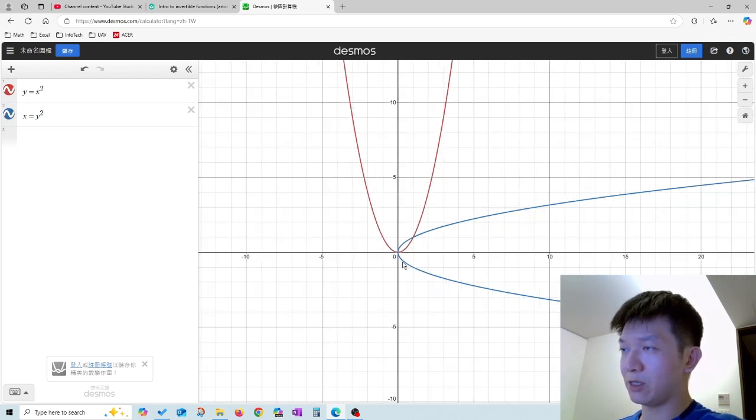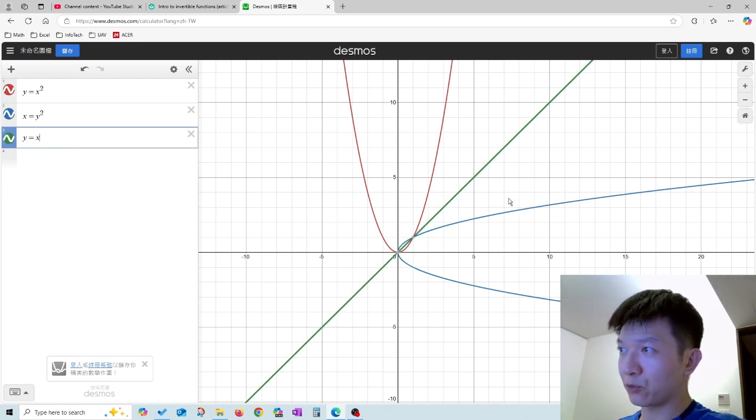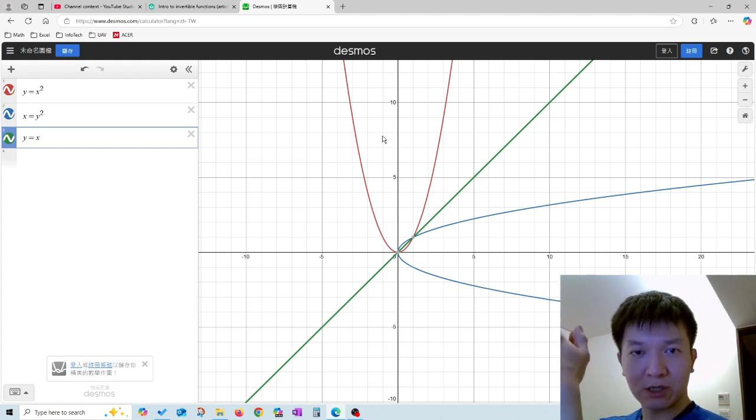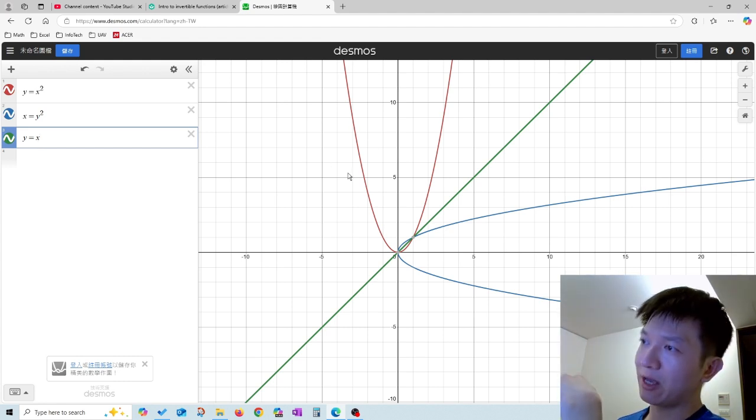This graph is an inverse of this function here, but because you have this y equals x right here, the green one is y equals x, and you fold it, right? You take a piece of paper and you fold it diagonally, then you can print this right onto the blue line here.